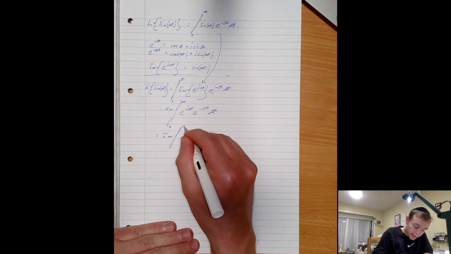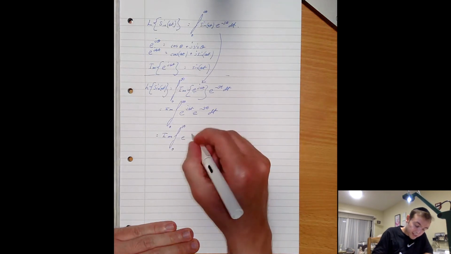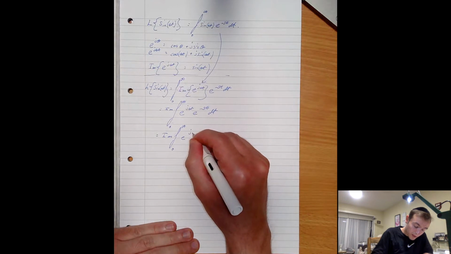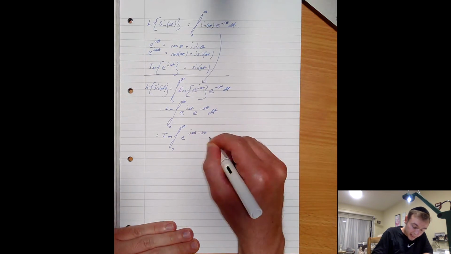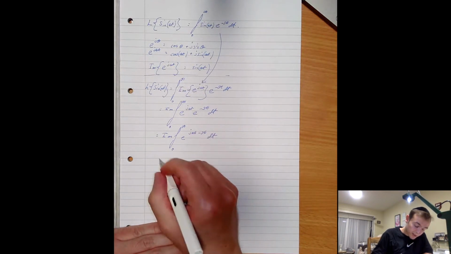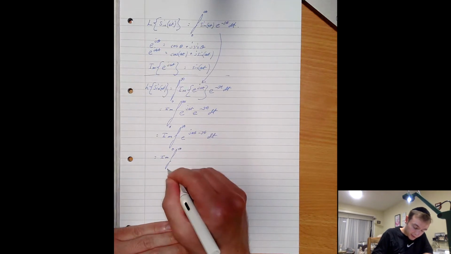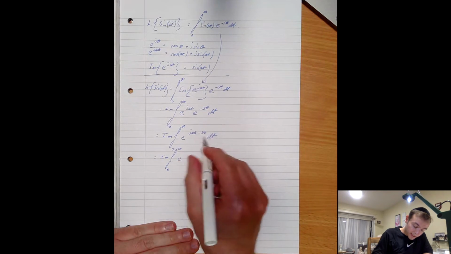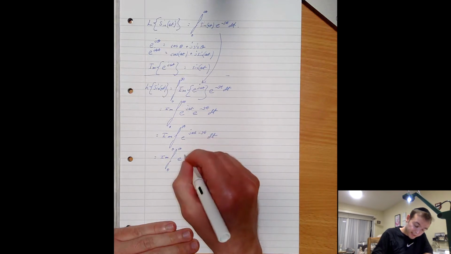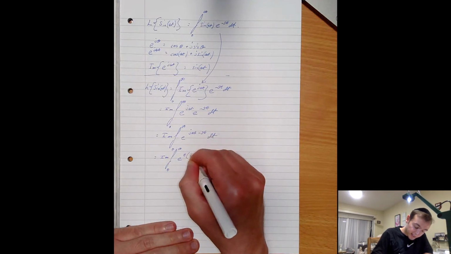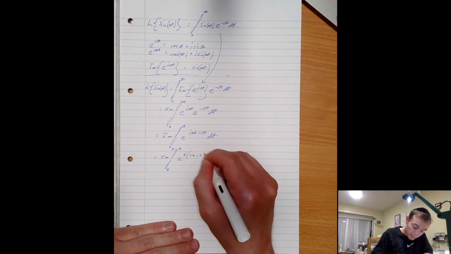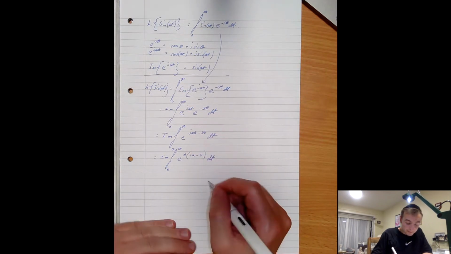So let's simplify this. That's going to be e to the j at minus st dt. This is looking good. Equals the imaginary component of the integral of e to the t times (ja minus s) dt.